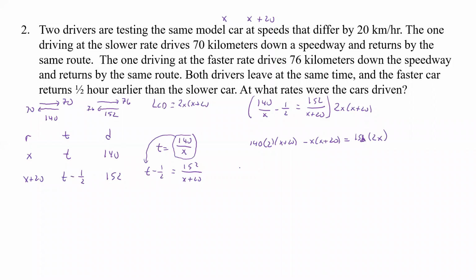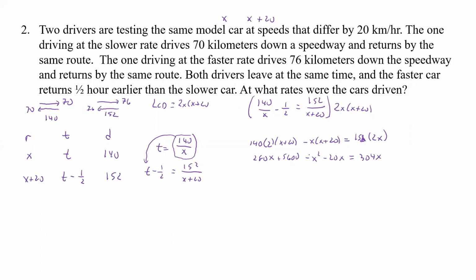Okay. So now I simplify: that's going to give me 280x. Then I'll have 280 times 20, which is 5,600. Then I'll have minus x squared minus 20x equals, now 2 times 152 is going to be 304x. Okay. Now I think I've got everything here.